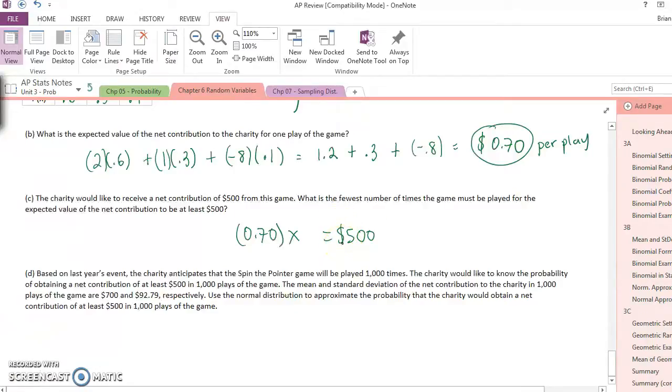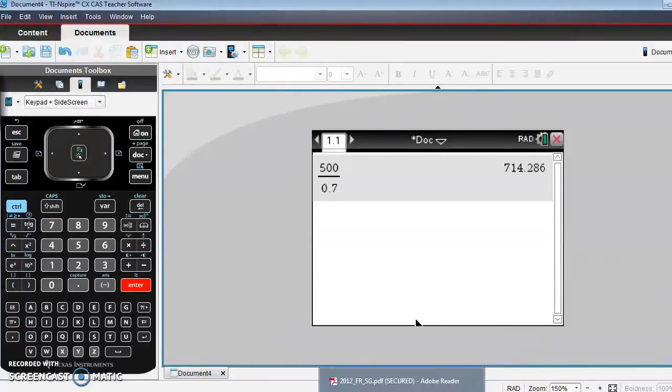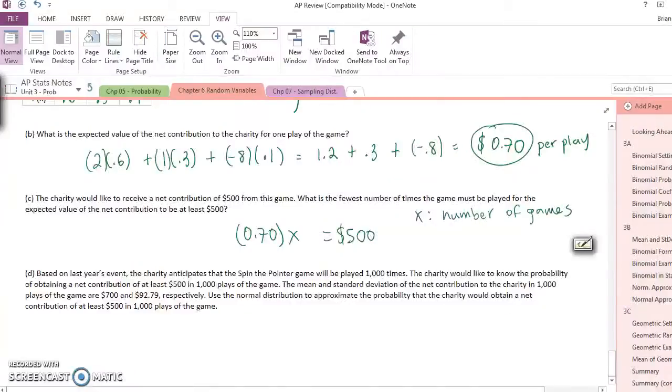And we want to know what that constant is, and what x represents is the number of games. Okay? And so, when I do this on my calculator, 500 divided by 0.7, 714.286 is my number.